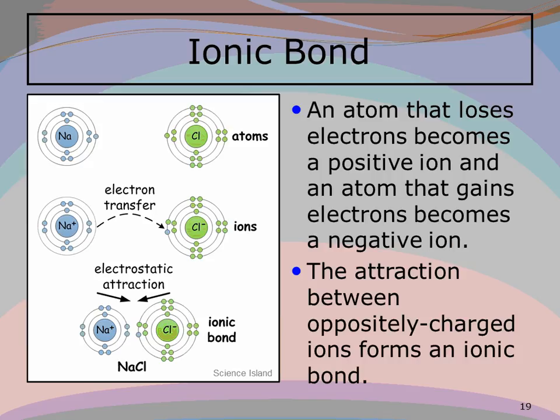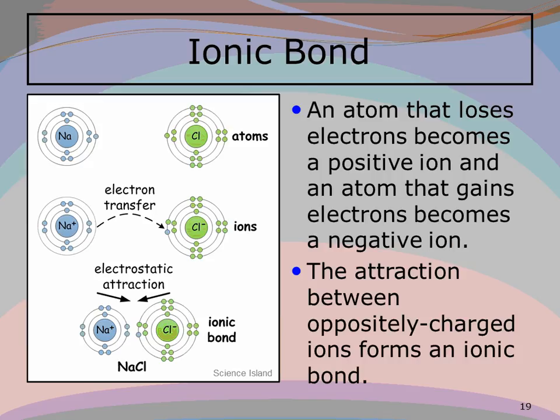So this is explaining how an ionic bond is formed. First, an atom loses electrons. If you lose a negative charge, you become more positive. So first, an atom loses an electron and becomes positive, and then another atom gains an electron, takes on more negativity. So it becomes negative.